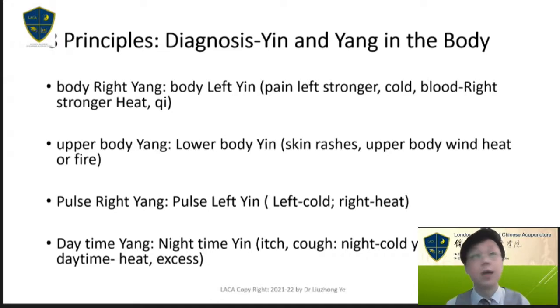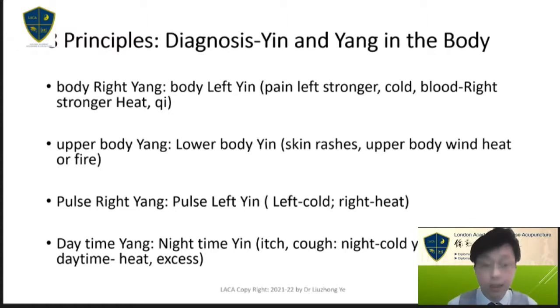Then you need to consider, even though that is a wind cold attack, which is quite common, that there is always internal heat pushing the right pulse more superficially. So that can give you the idea of yin yang, and also further differential information to enable you to dig down deeper.